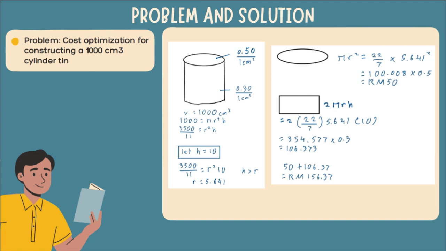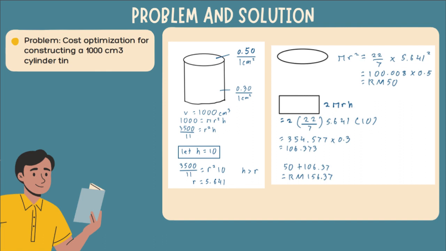For example, 50 cents per centimeter square will be spent on the top, and for the bottom it will be 30 cents per centimeter square on the side. The main objective is to build the tin as cheaply as possible without sacrificing the required volume. So the problem is cost optimization for constructing a 1000 cm cube cylinder tin.